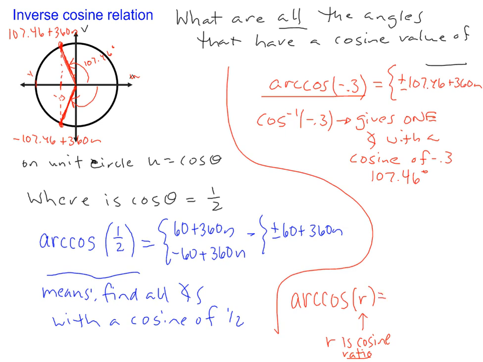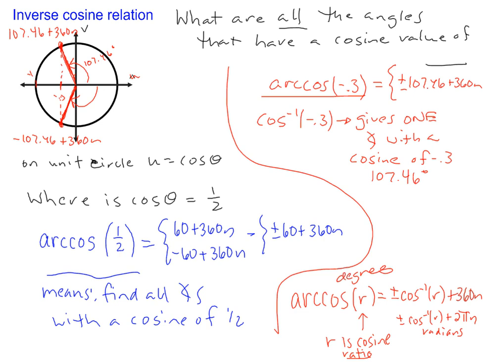Arc cosine of r is equal to plus or minus inverse cosine of r plus 360n. And this is in degrees. In radians, it would just be plus or minus inverse cosine of r plus 2 pi n.